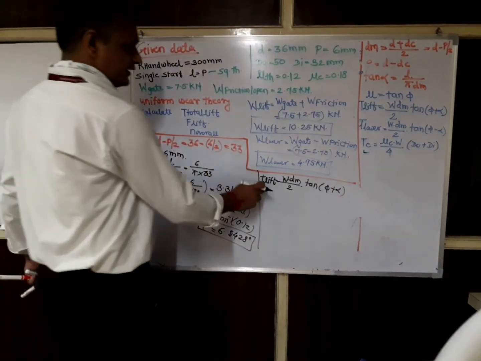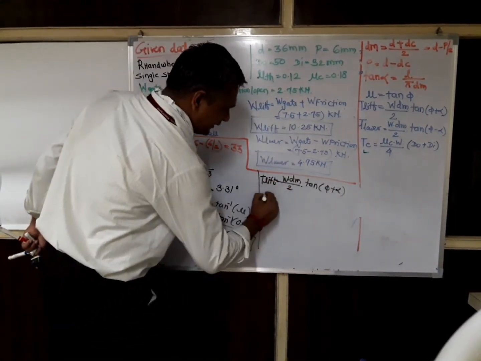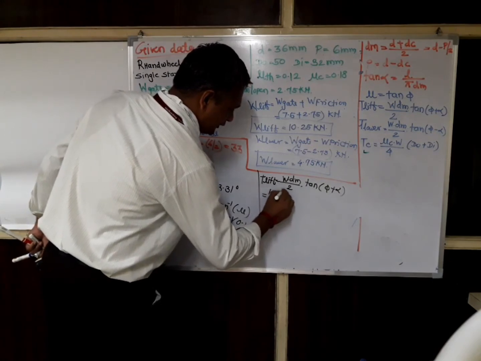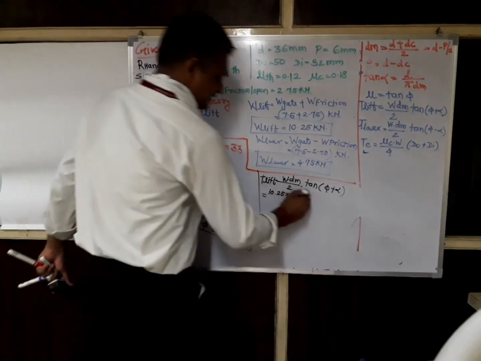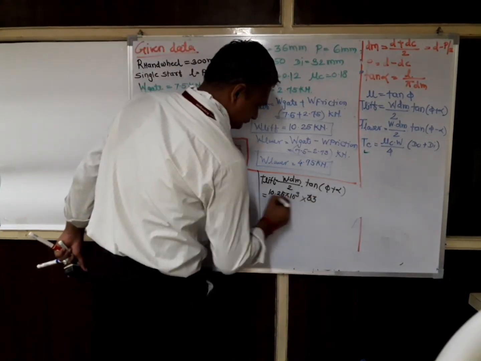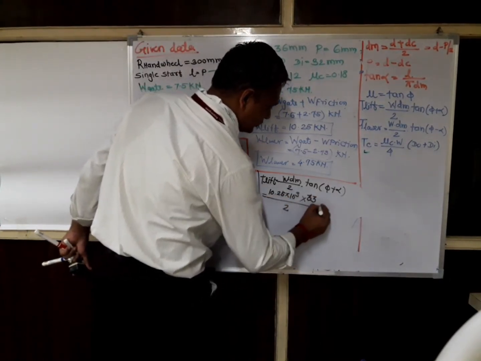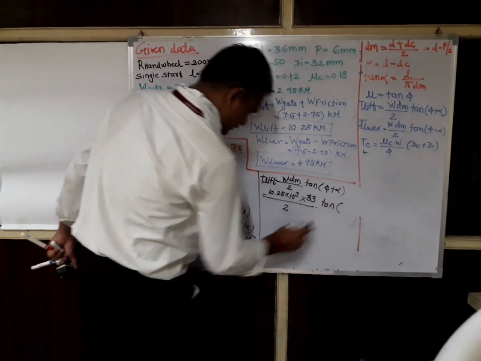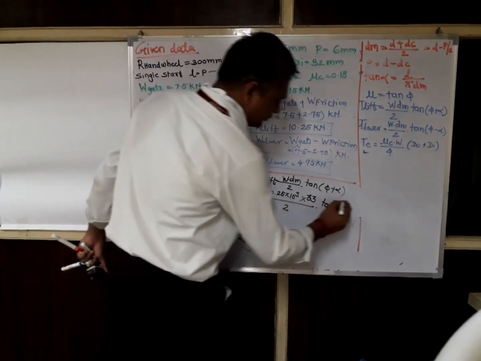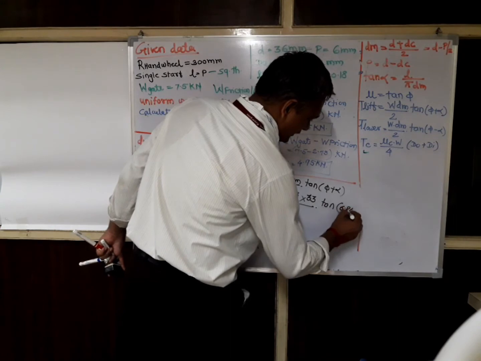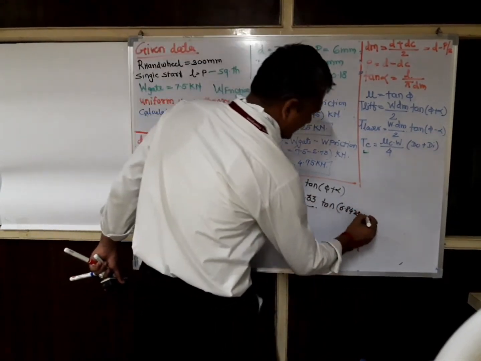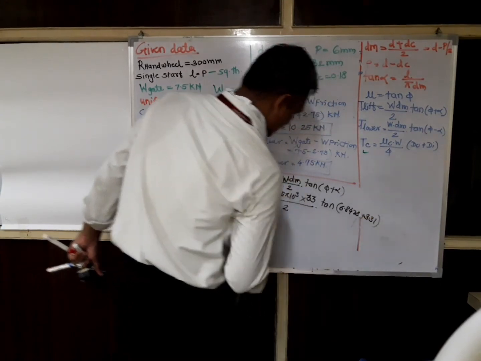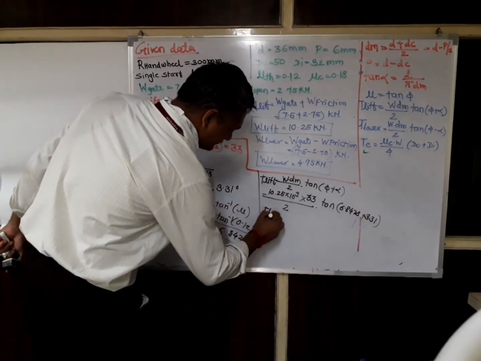Now W for the lift, that means 10.25 into 10 raised to 3, dm is 33, divided by 2 into tan of phi 6.8428 plus alpha 3.31 degrees. Find out T lift.